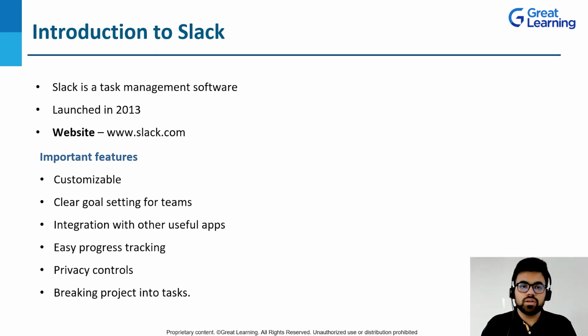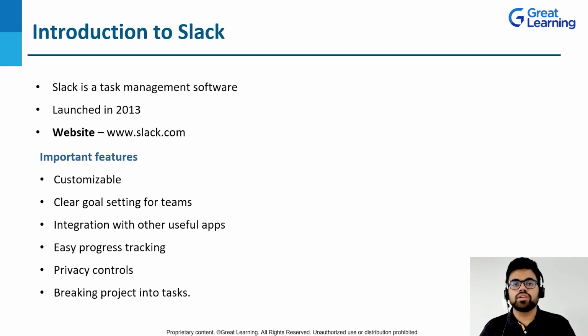Like if you're using Slack, then you would go to your Gmail, you would go to your Google Calendar and all those stuff. So it would be a waste of time if it was to be switched between different applications. But Slack project management tool allows you to have all these other external stakeholders inside that particular app so that you don't have to switch tabs, right? So this is a very important feature in Slack project management.